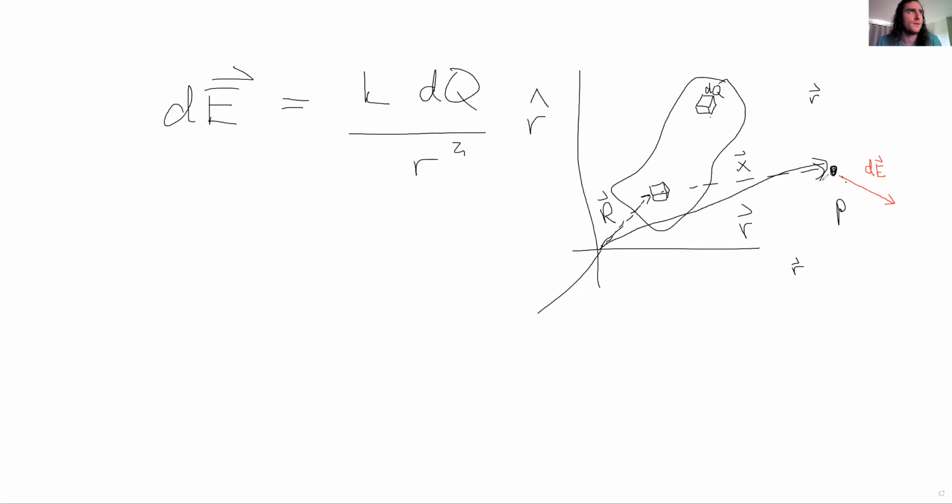I know it could be a little bit confusing. Actually, switch the labeling here. Make this vector r, so that this stuff over here stays the same, and make this vector x.